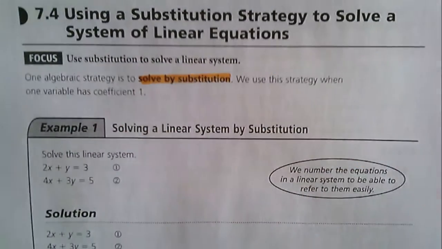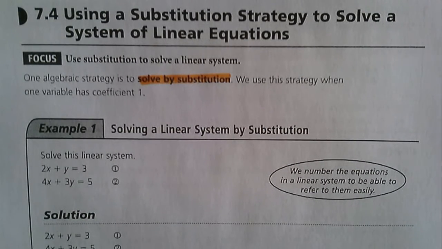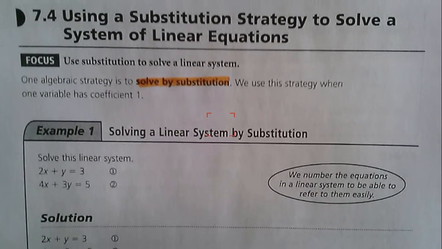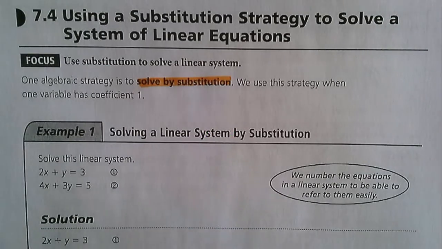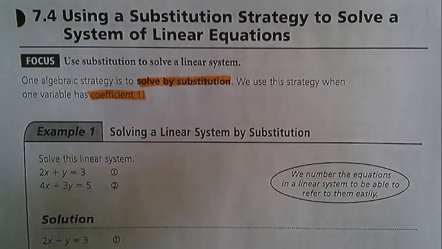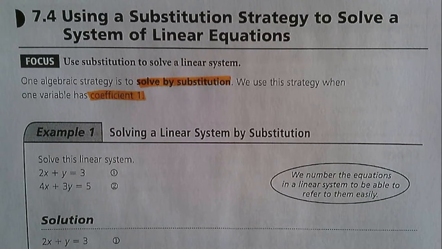In this, we're going to be substituting in an equation for a value. This strategy is effective when one of our variables has a coefficient of 1. We can really only effectively use this strategy when we have a variable with a coefficient of 1. So let's take a look at the example below.